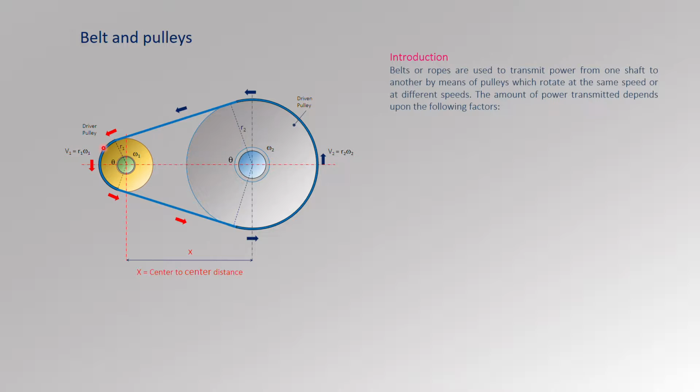And then the belt will be delivered to the bottom side of the belt pulley arrangement. This bottom part of the belt is subjected to lesser tension, that means lesser pulling force, which we call the slack side, and the upper side the tight side.